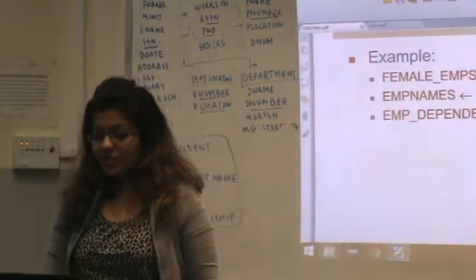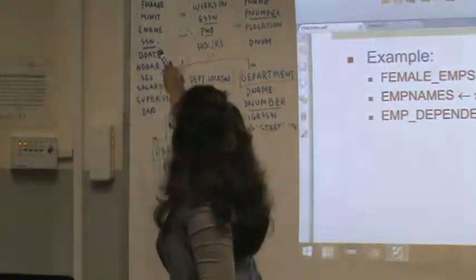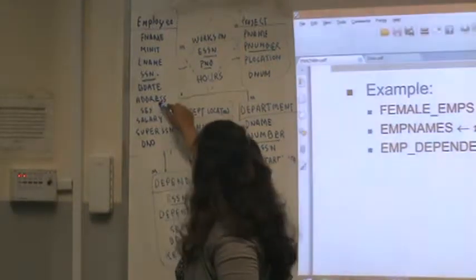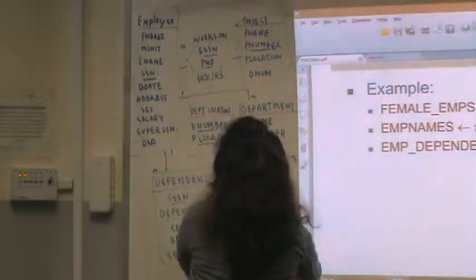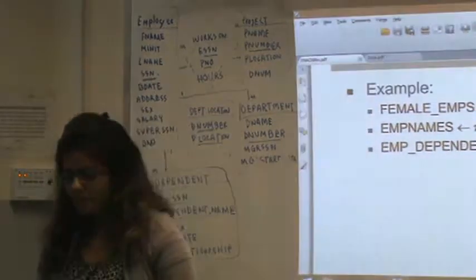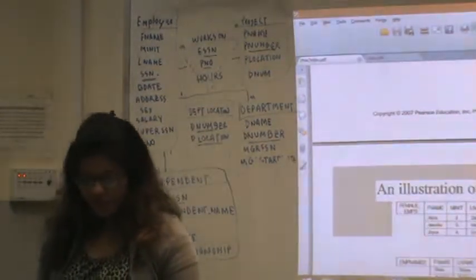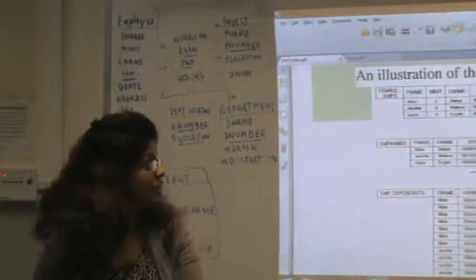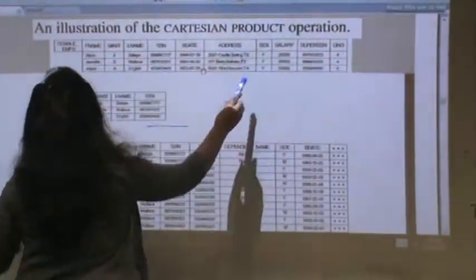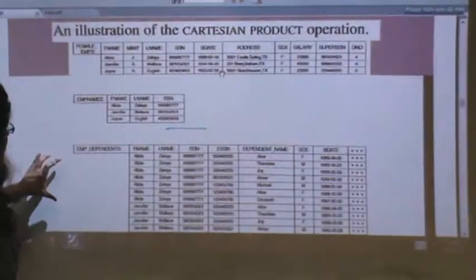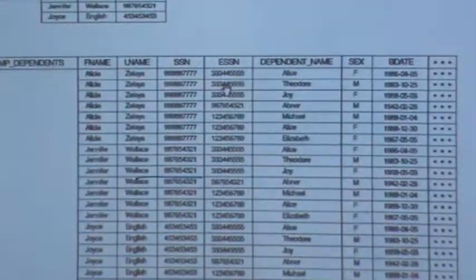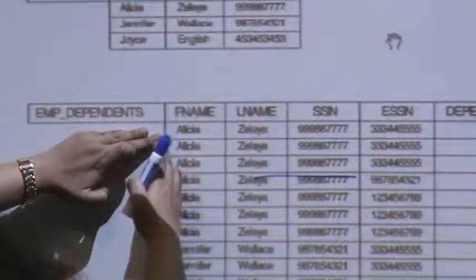But we need to figure out from the employee table who are only female, and then cross those female employees with the dependents. So I retrieve only the females from there, and those are all dependents. So one of each female employee crosses with the whole set of dependents.